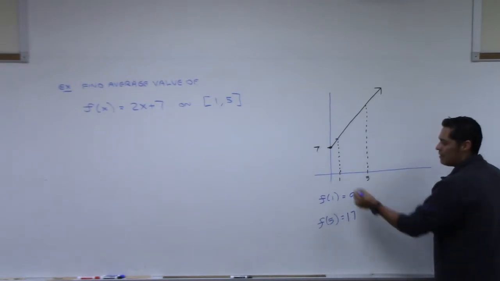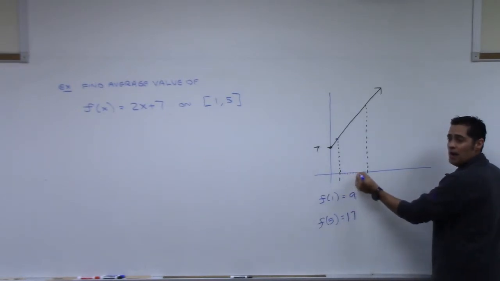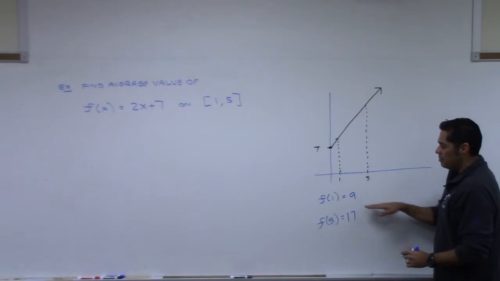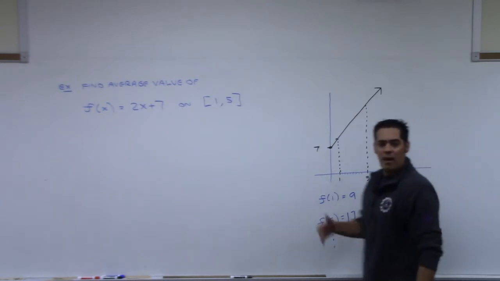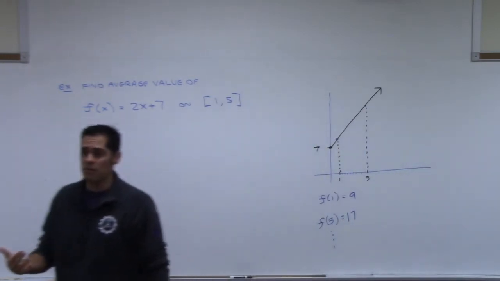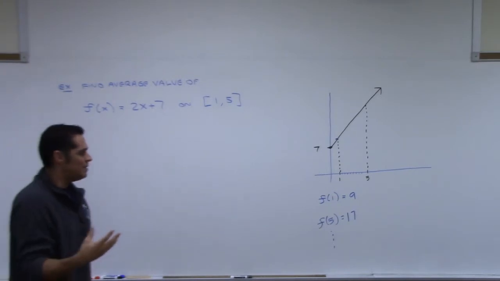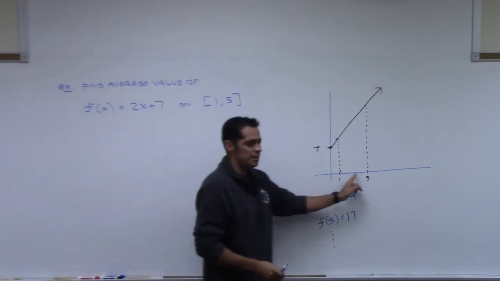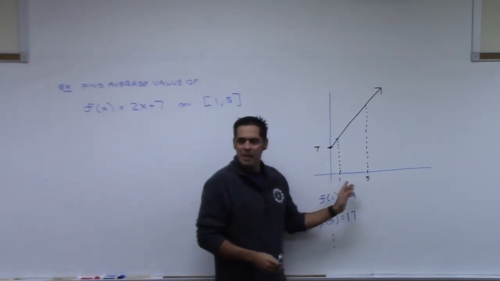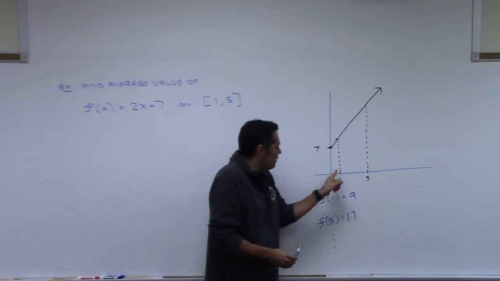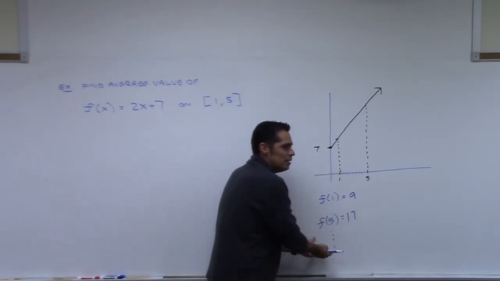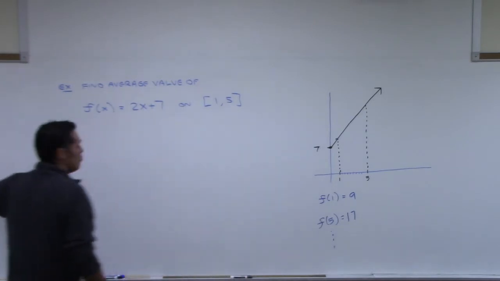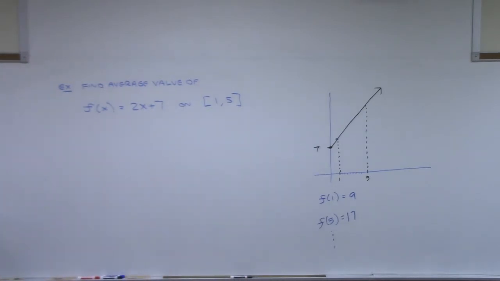Now, I could do that for every number in here, and start listing them all out and then ask you, what's the average value? The problem is that there's an infinite number of numbers in here. It would be impossible for you to actually go through and plug them all in. But this nice formula will actually do it for us.